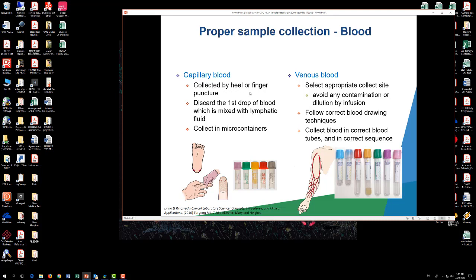The first drop of blood should be discarded, so the blood won't be mixed with lymphatic fluid. And they are collected in micro containers, so a small amount of blood is collected.